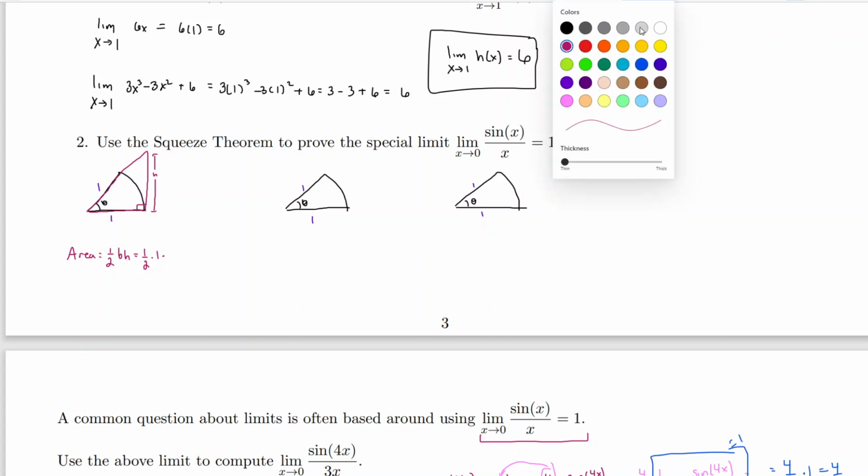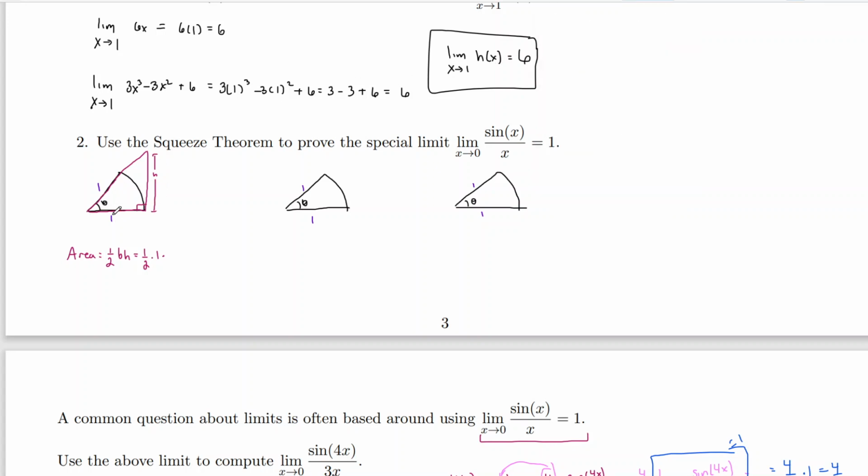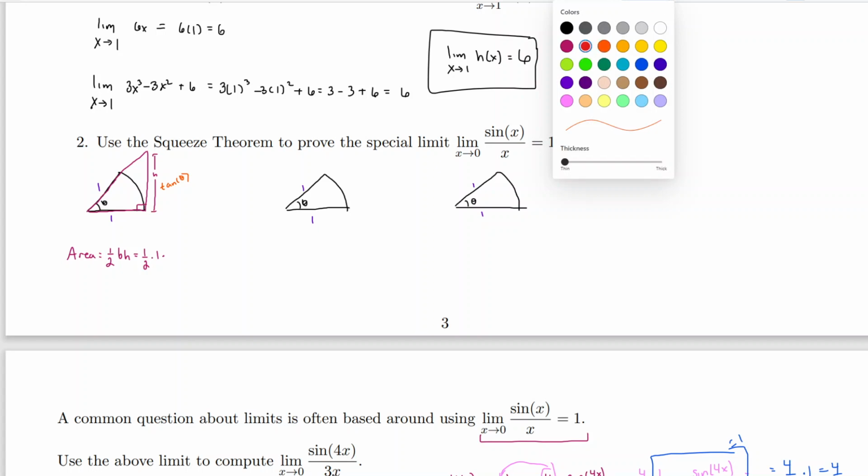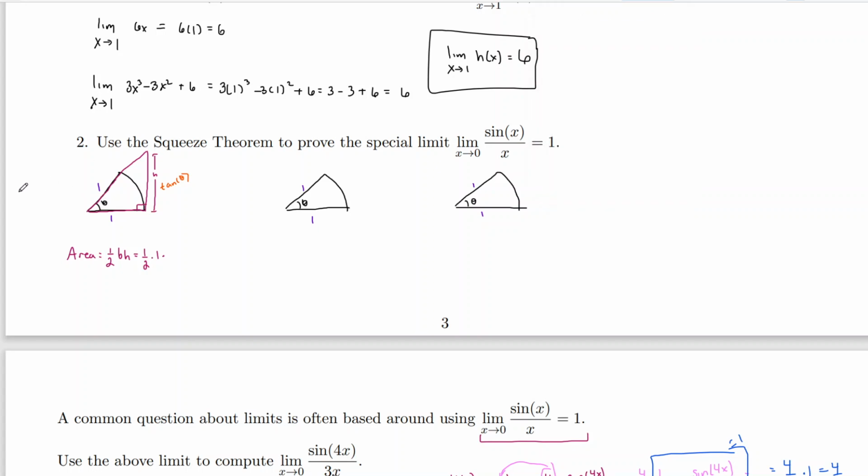Well, because the adjacent side to theta is 1, this is actually equal to tangent of theta. And if you want to check that, go ahead and set up an equation from this theta. What is tangent equal? It's opposite over adjacent. So if I do it on the side a little bit here, tangent of theta is opposite over adjacent, we get tangent of theta equals opposite side, which I claim to be tangent of theta, so we're just checking it, over adjacent side, which is 1.